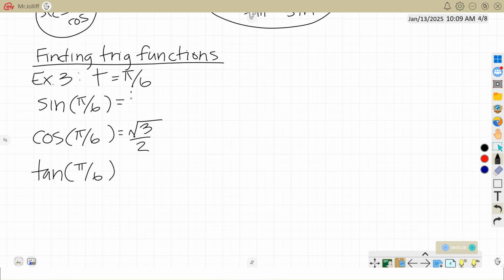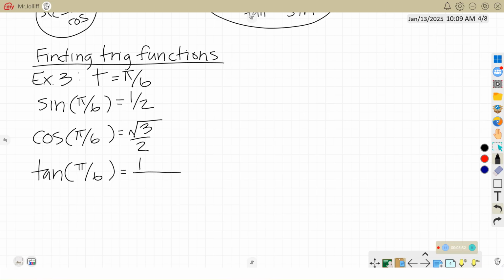Very good. So sine must be 1/2. Very good. And if I know my sine and my cos, I can find my tangent, because tangent is sine divided by cosine.